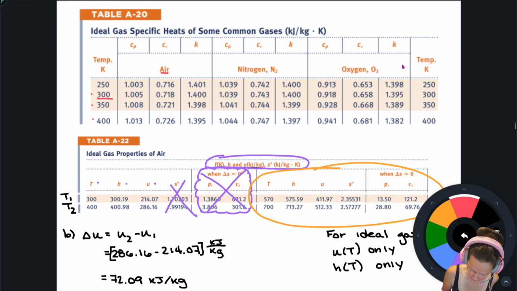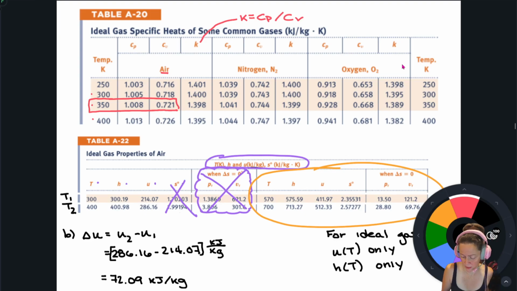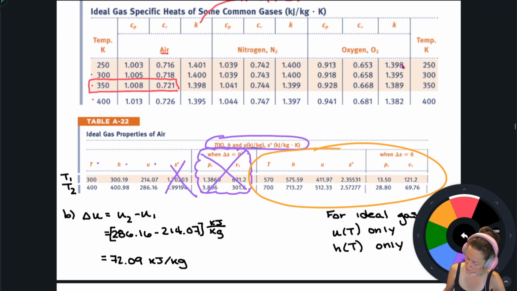Luckily, they actually have this guy right here. You'll notice this guy, K. This is just a ratio. This is CP over CV. Lots of formulas have the ratio of those specific heats, so this is just tabulating that, right? Kind of like sometimes you see tabulations of U sub FG and H sub FG in your steam tables.